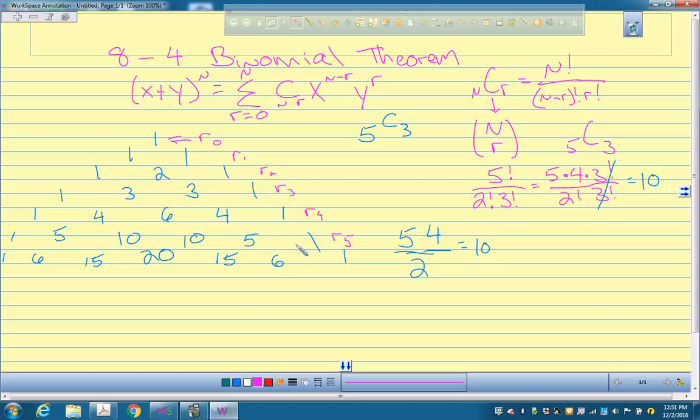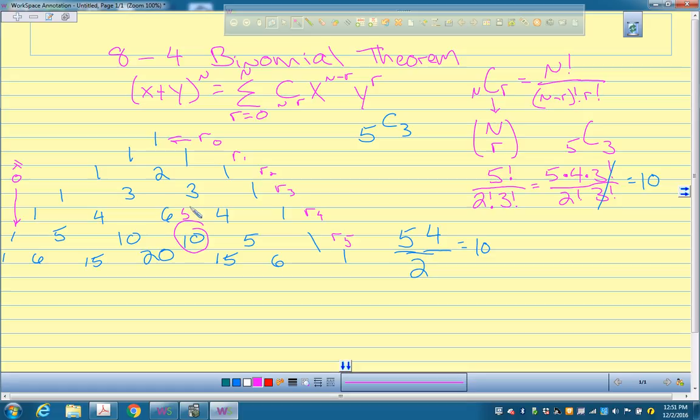Row 5? Yeah. And then I'm going to go to the 3rd column. If I'm in the 5th row and I'm starting on this side, this is the 0th column, and this is the 1st column. So 0th column, 1st column, 2nd column, 3rd column. There you go.